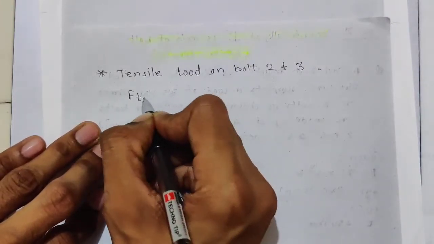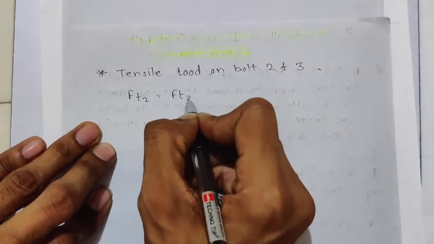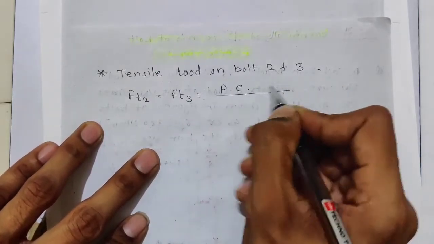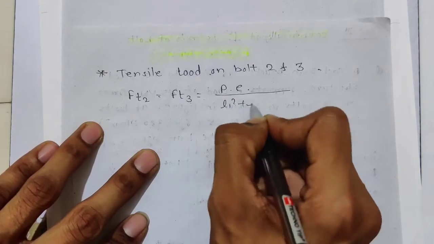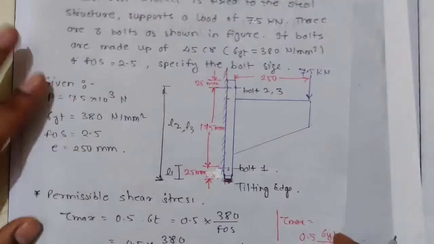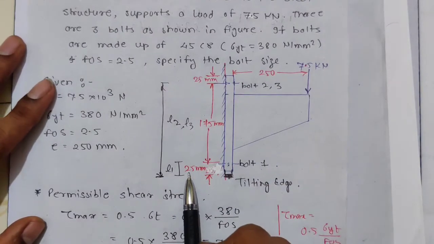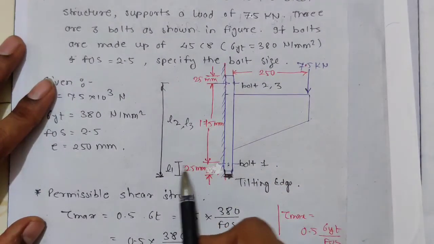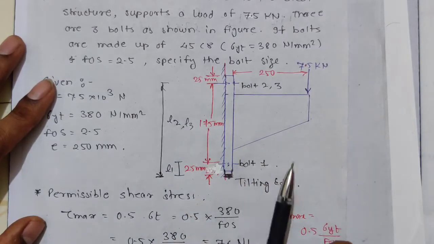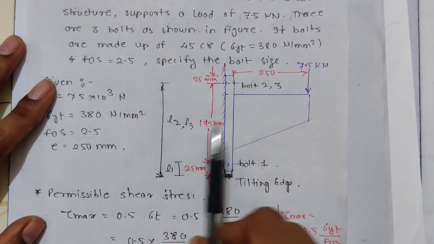F tensile 2 is equal to F tensile 3 is equal to the same formula, P e upon L1 square plus L2 square plus L3 square. Instead of r1 square plus r2 square plus r3 square, we are using l1 square plus l2 square plus l3 square. Remember, there are only 3 bolts, so you have to use l1 square plus l2 square plus l3 square, no l4 square.